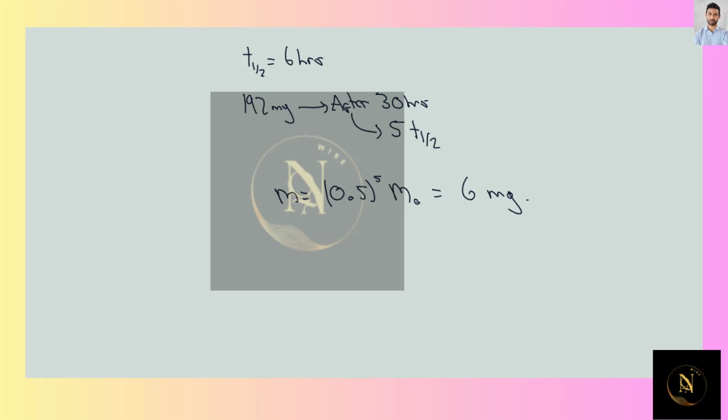Alternatively, we can solve the kinetics equation. We know that the half-life time for a first order reaction is going to be related to the rate constant as follows, as logarithm of 2 divided by k. So the value for k is equal to, sorry, it's equal to logarithm of 2 divided by the half-life time.